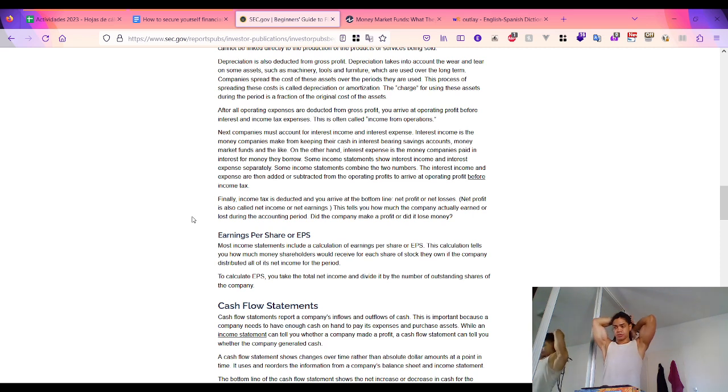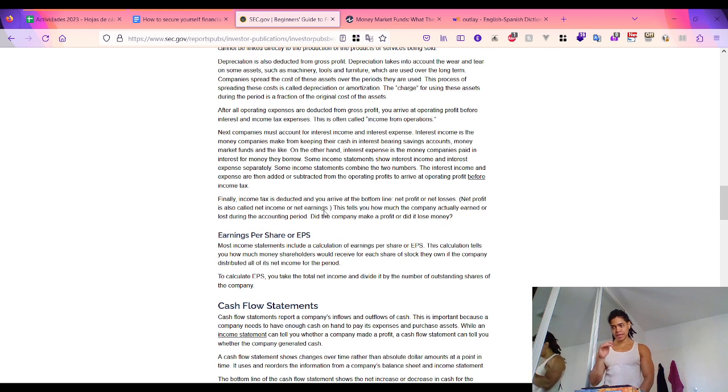The interest income and expense are then added or subtracted from the operating profits to arrive at the operating profit before income taxes. So some statements show the interest income and interest expense separately or together.